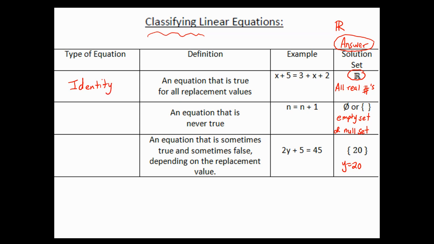So when it says solve and classify, you would solve. The answer would be all real numbers, and you would say identity. An equation that is never true is a contradiction. And if you get an answer something like y equals 20, the last one is called conditional.